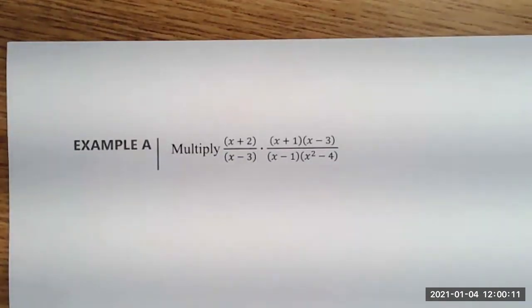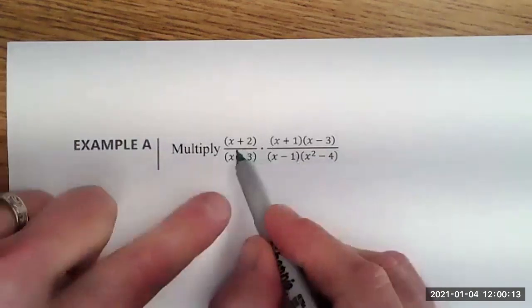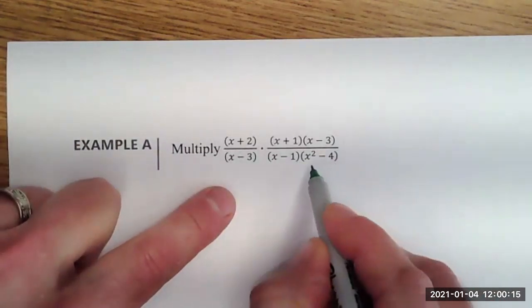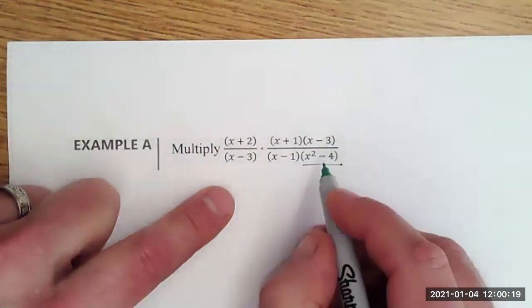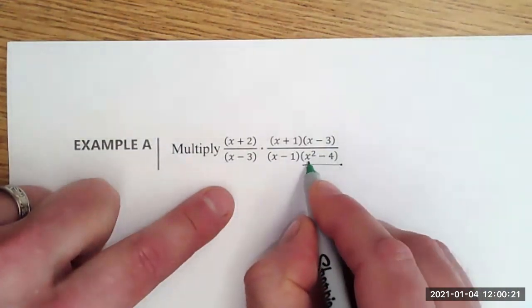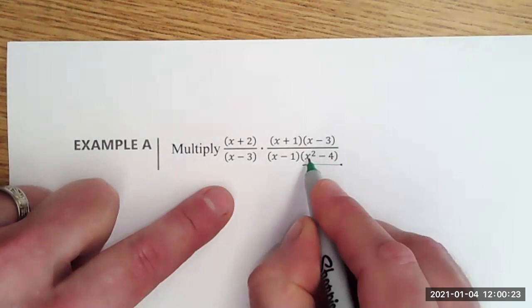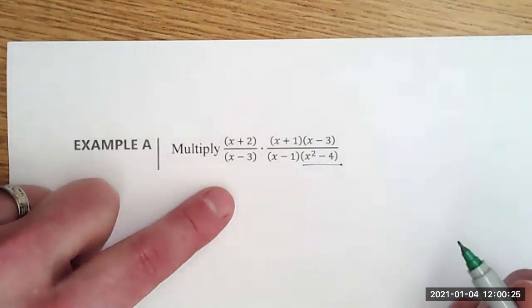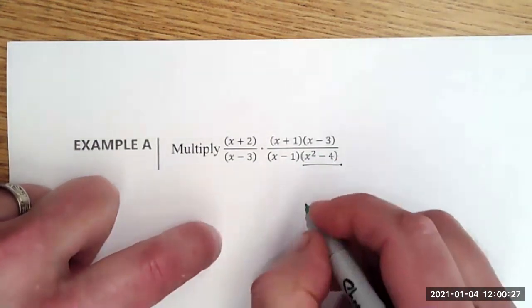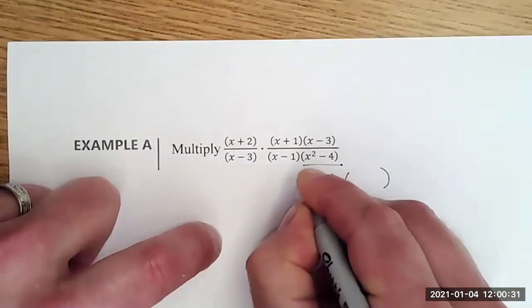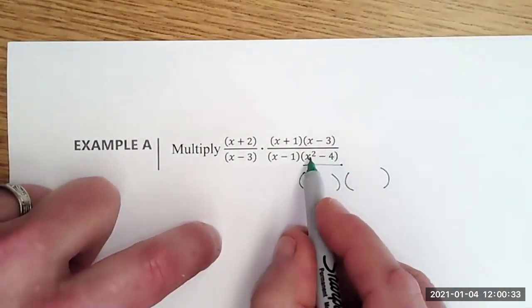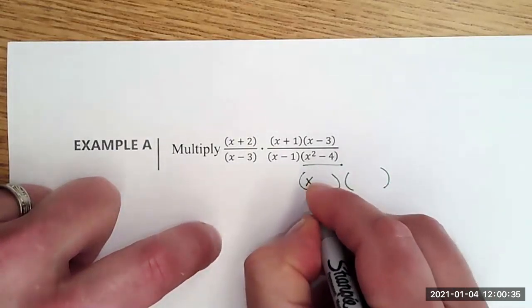Looking at this problem, it looks like everything's been factored except for this piece right there. From experience, I recognize this as the difference of two squares. x squared is a square, 4 is a square. And I know that that is equivalent to this: the square root of both the first and last terms.